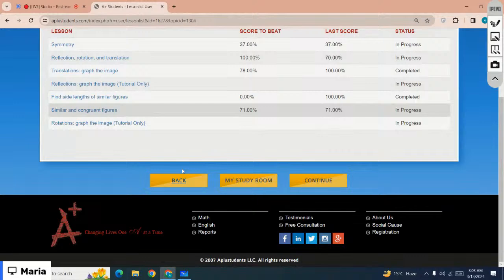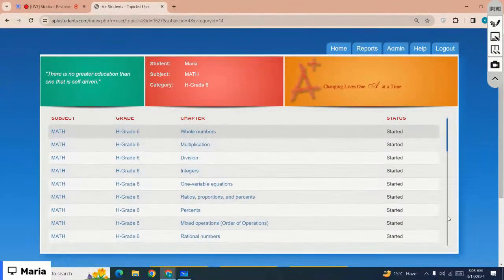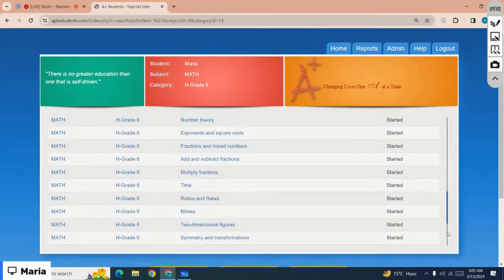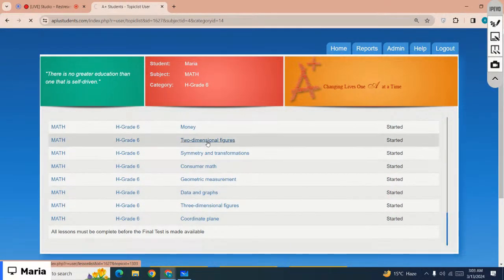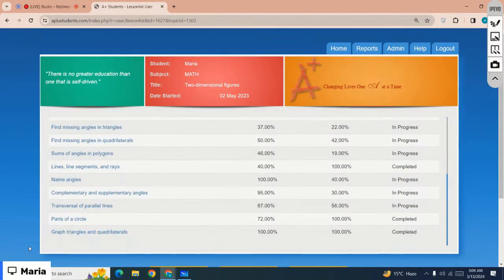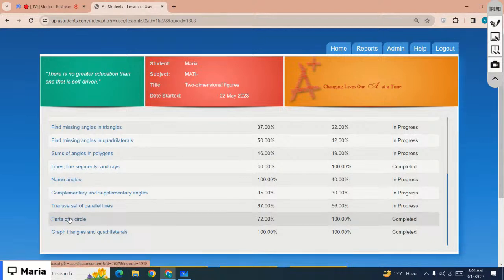The chapter to start with is two-dimensional figures and the lessons we're going to cover today are... Okay, let's start with the lesson that is parts of a circle, right? So let's just start with the lesson.